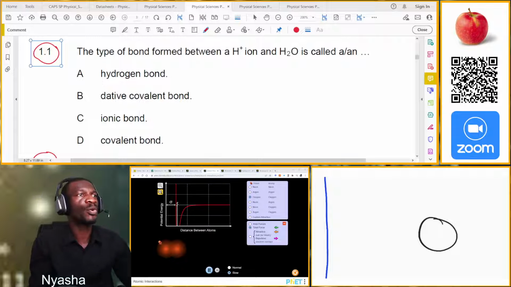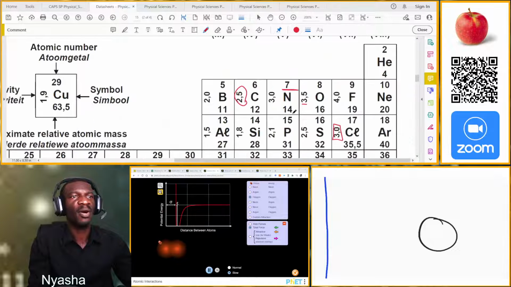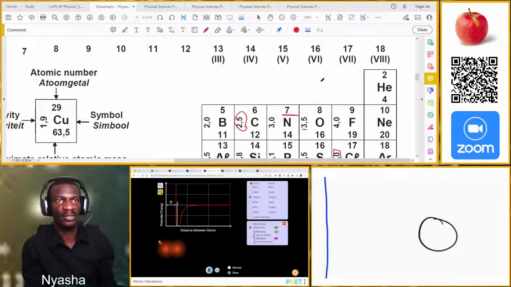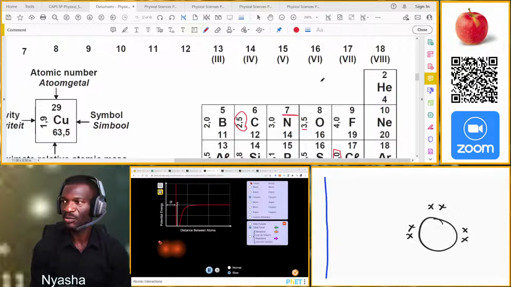You can just jump onto your periodic table and see that oxygen is in group 6. So it should have 1, 2, 3, 4, 5, 6 in the outermost shell.